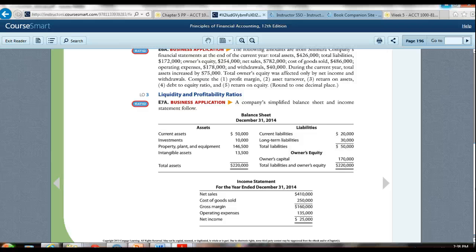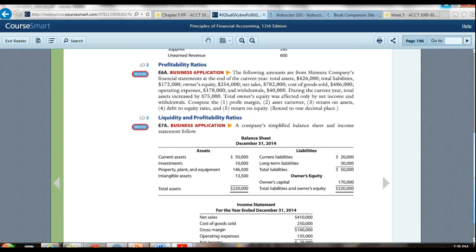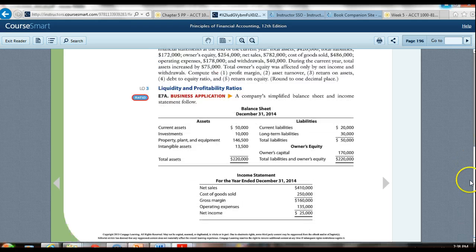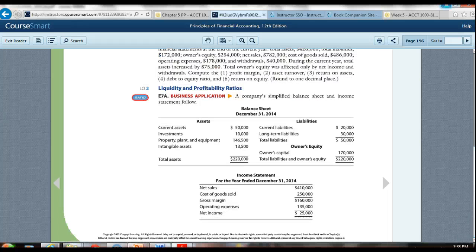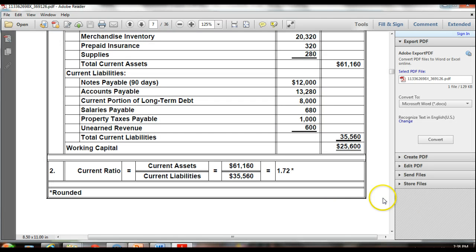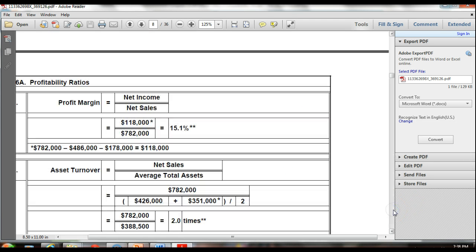Okay, 50. I'm sorry, we're on E7. I was just talking about E6, which is similar, where you have to know the assets, but in E7 we're going to make it a little easier for us. So current assets are 50,000.